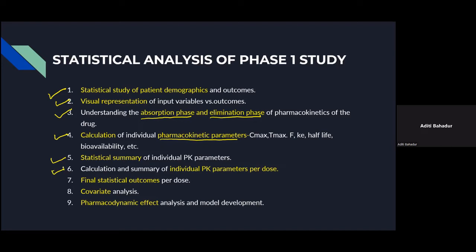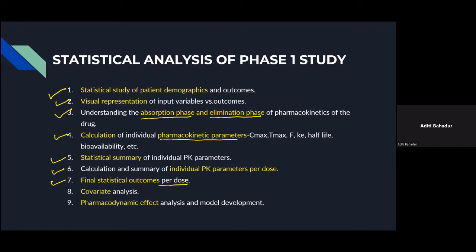And now per dose, since we have single ascending dose studies as well as multiple ascending dose studies, we will also take the pharmacokinetic parameters and calculate them. Then we will take a statistical summary of those per dose, because through that we can understand more about the dose, about the clinically significant dose, and also the dose that we do not want, in case it's causing adverse effects.